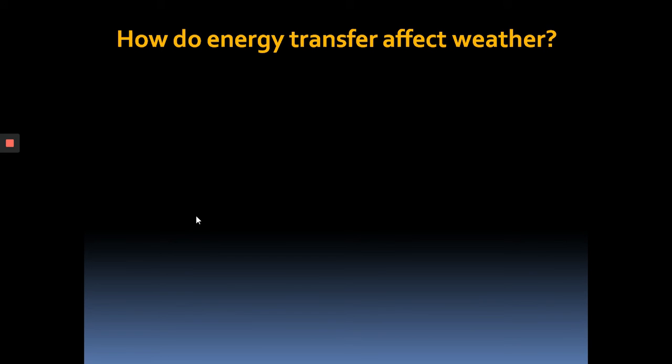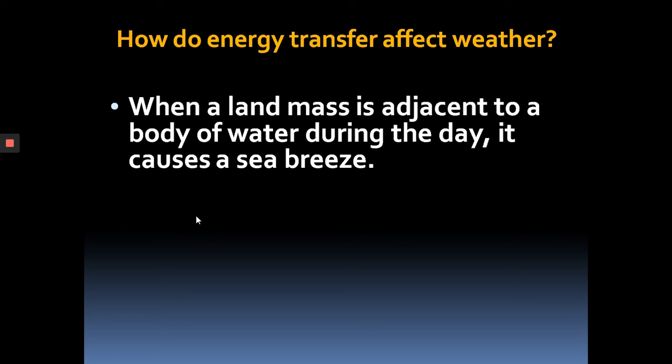How does energy transfer affect the weather? When a land mass is adjacent to a body of water during the day, it causes a sea breeze. That's because when you compare the land and the water, the land gets heated up much hotter. The soil heats up much faster, because water is very difficult to heat up. We're going to learn about this later, but there's something called specific heat capacity, and water is simply very difficult to heat up.